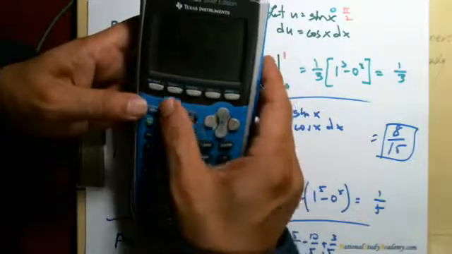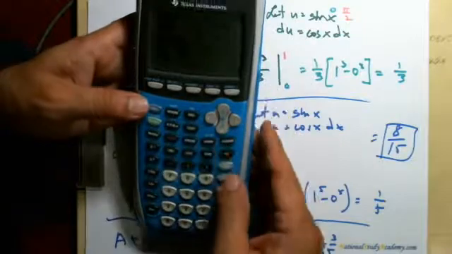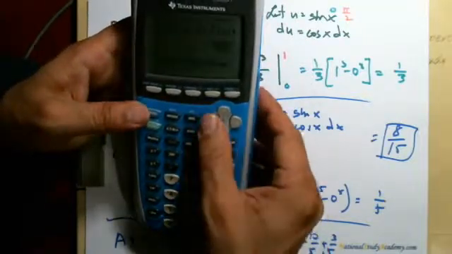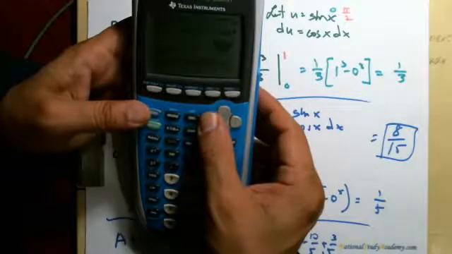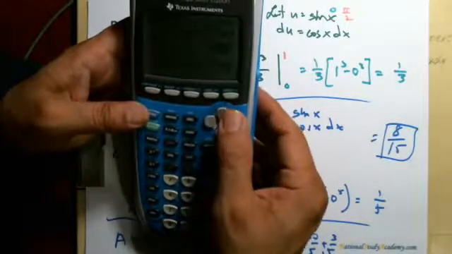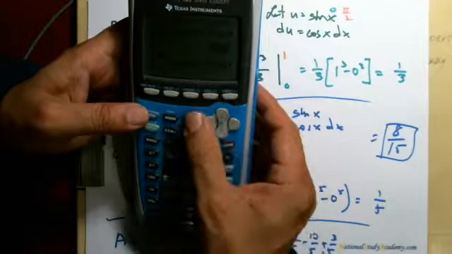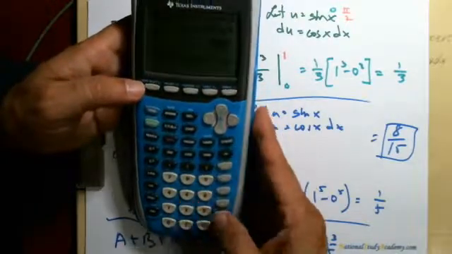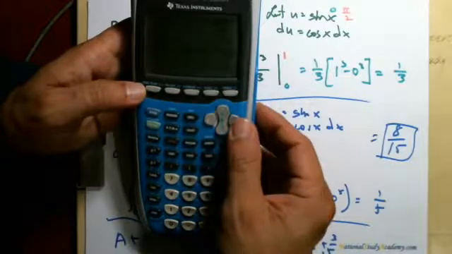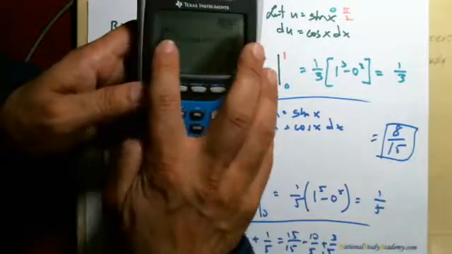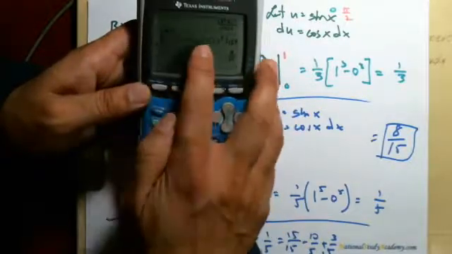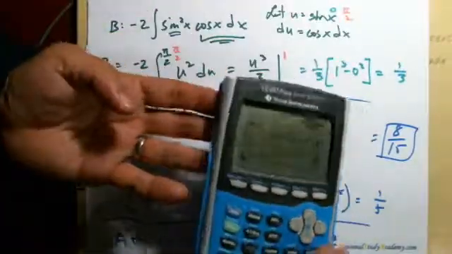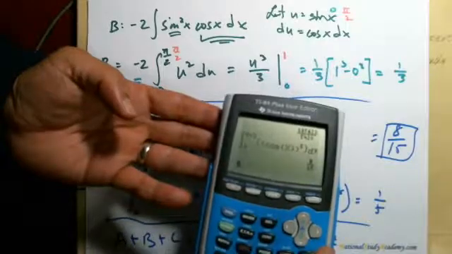Press enter. Instead of 90, I'm going to delete that and put pi divided by 2. Oh, there it is. It doesn't work in degree mode because of this functionality. It is 8/15. If you can see it or not, it is 8/15.